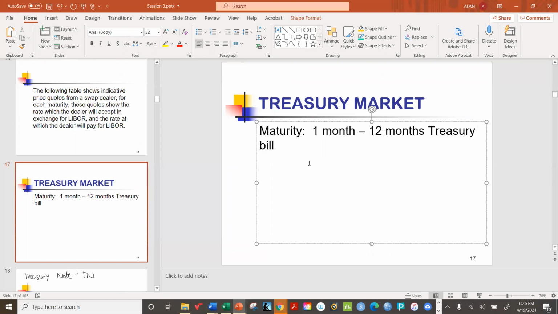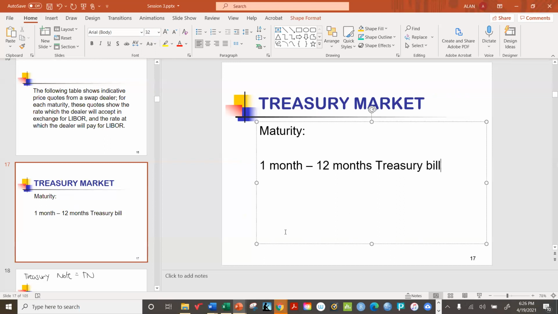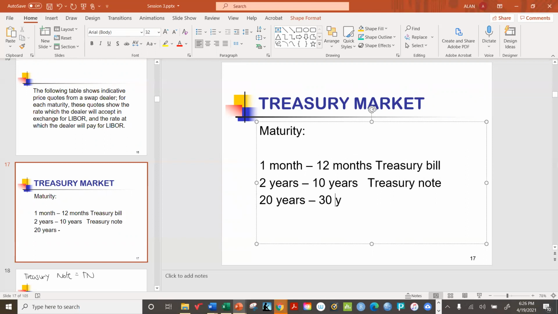If it goes from 2 years to 10 years, we call that a treasury note. And anything from 20 years to 30 years is a treasury bond. Just a quick reminder in case you've forgotten about this.